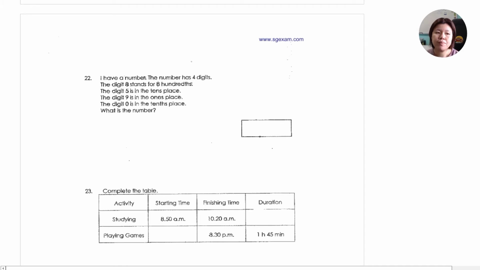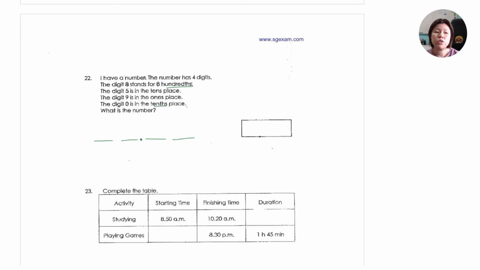I have a number and it's 4 digits. The 8 stands for 800s, 5 stands for tens, and the 9 is in the ones place and 0 is in the tenths place. So it means I have 4 digits and it's a decimal because you have hundreds and tens.